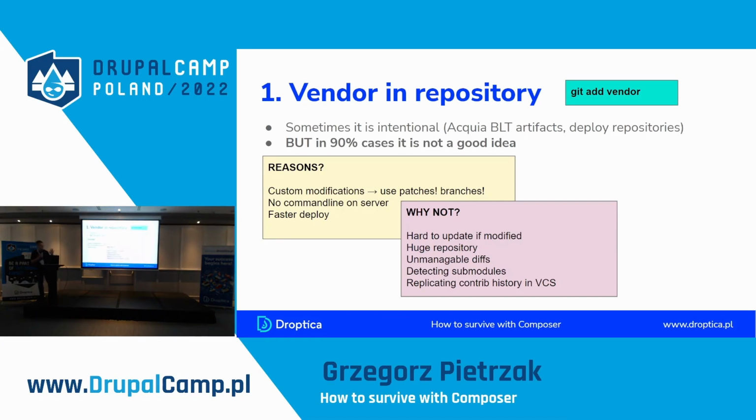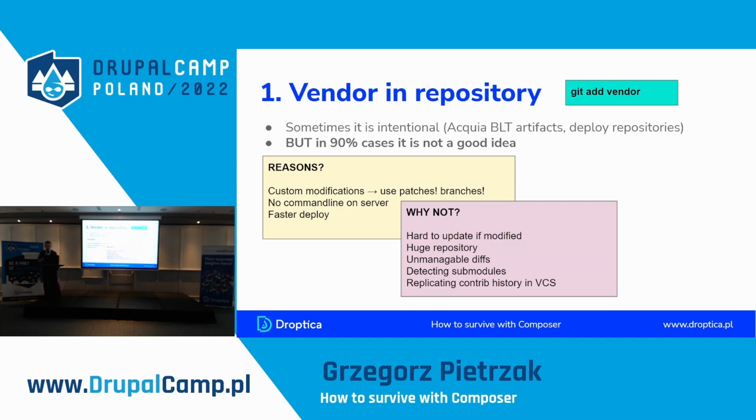Before I start, I'm talking a lot about Git repositories. And when I talk about it, it's mostly about development repositories, because Composer is not a good thing to run on production sites. So everything that I want to pass to you here is about development repositories, those ones that you work on.